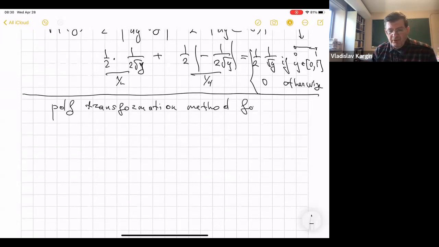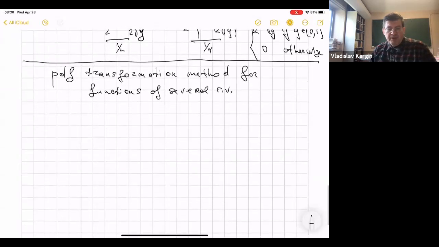So here's the PDF transformation method for functions of several variables. Now here's a motivating example, which is what we did in the last class.